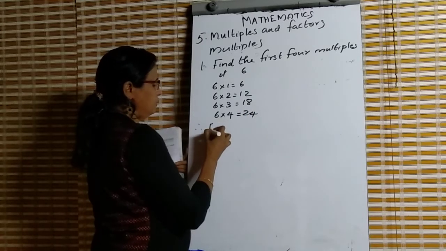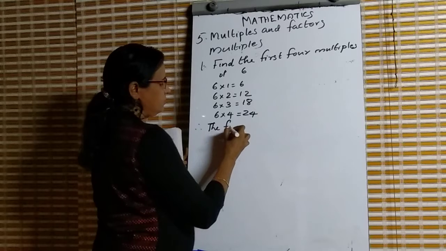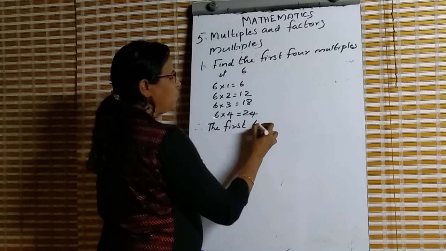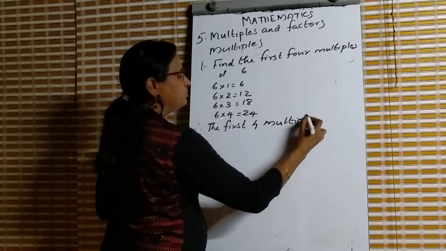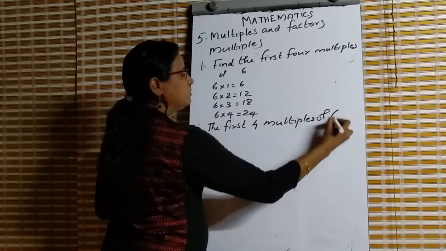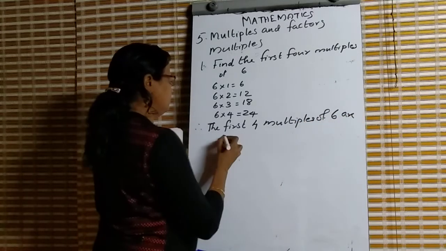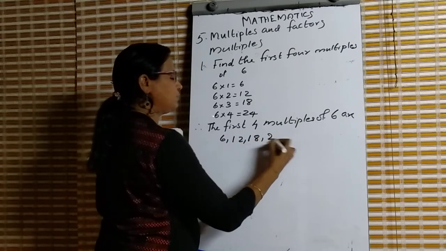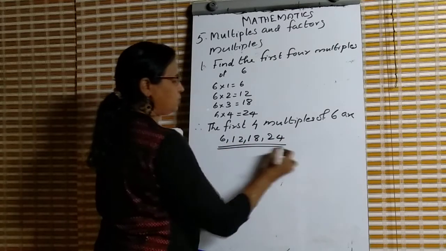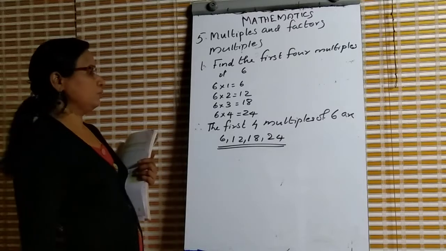Therefore, the first 4 multiples of 6 are 6, 12, 18, 24.